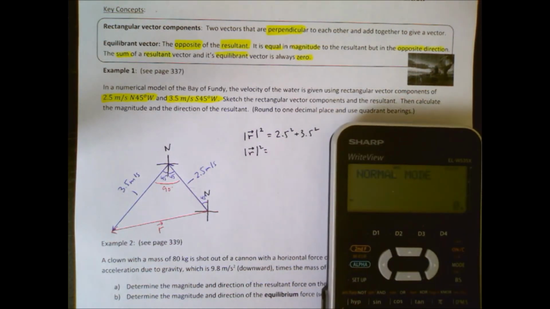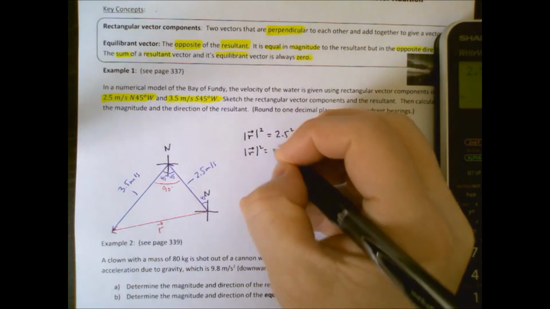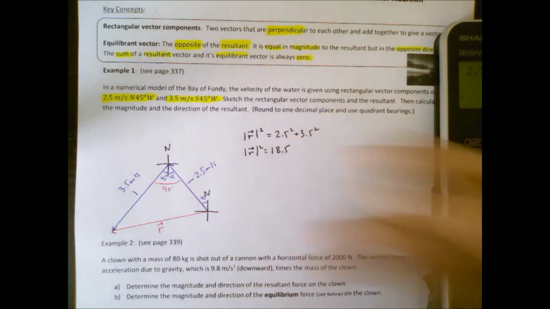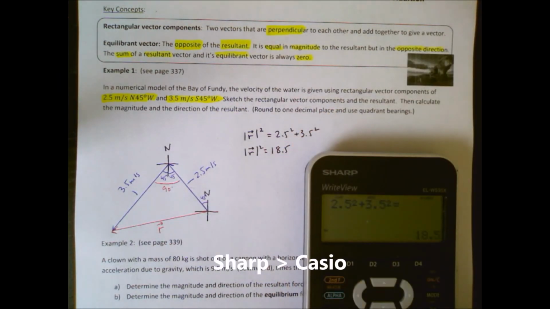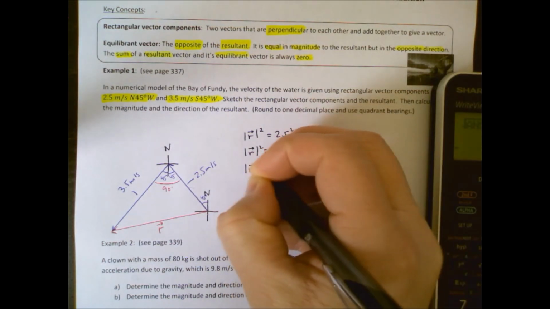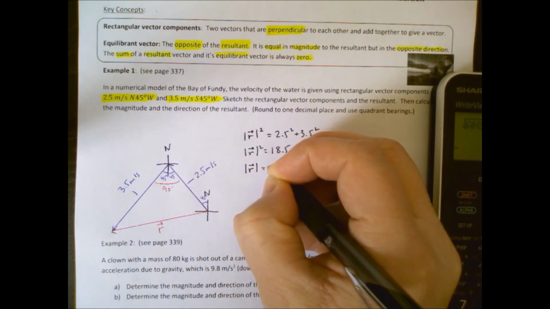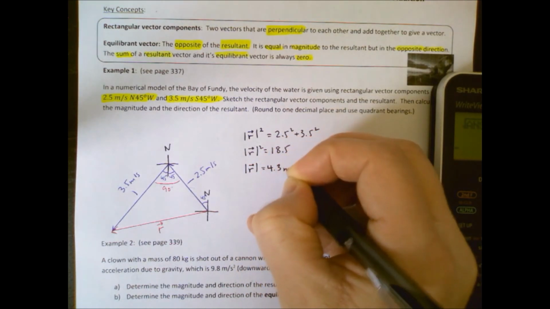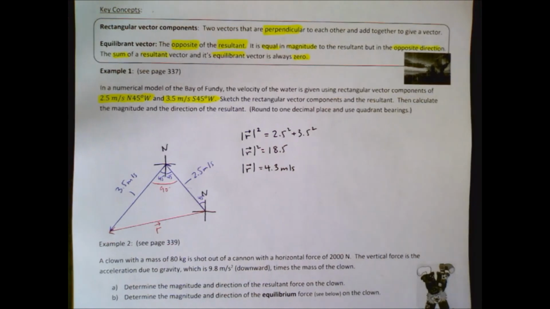So here we go, 2.5 squared plus 3.5 squared gives me 18.5. And I can square root it again because I'm using a sharp calculator. It's very smart, so I know that my magnitude of the resultant is 4.3 meters per second. Alright, that was pretty straightforward.